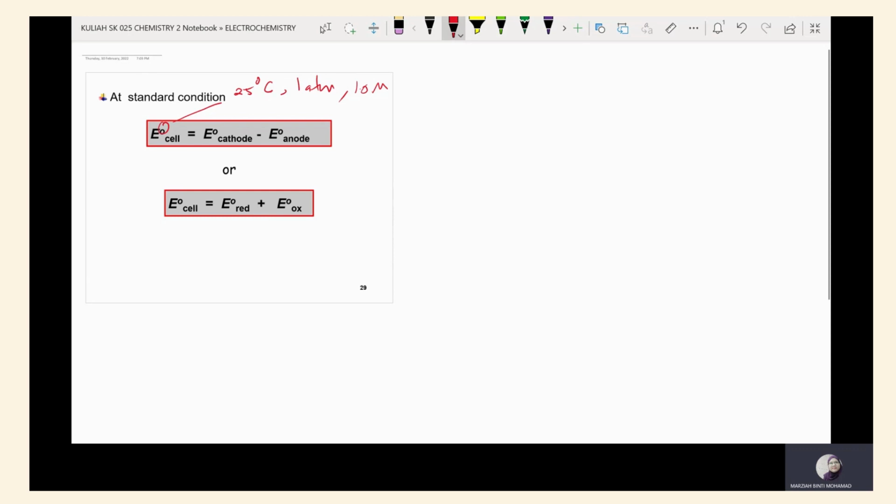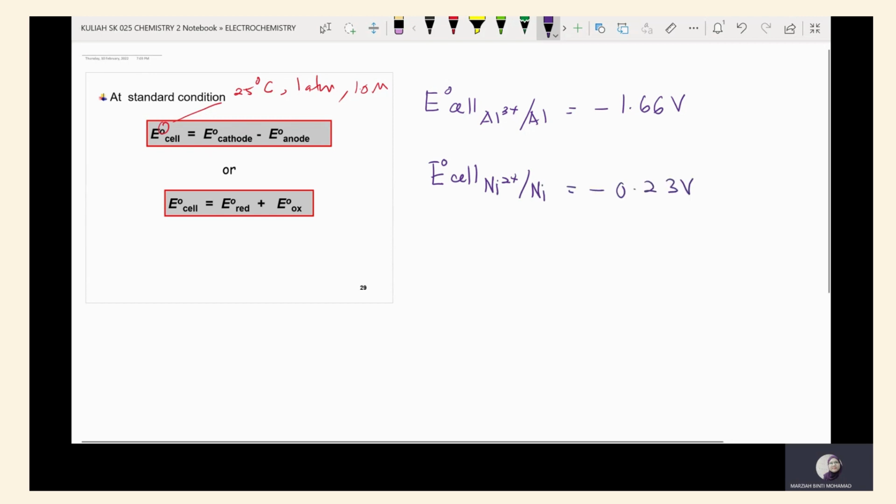Let's say I give you one example. The E naught cell for aluminium 3 plus to aluminium is negative 1.66 volt, and the E naught cell for nickel 2 plus to nickel is negative 0.23 volt.